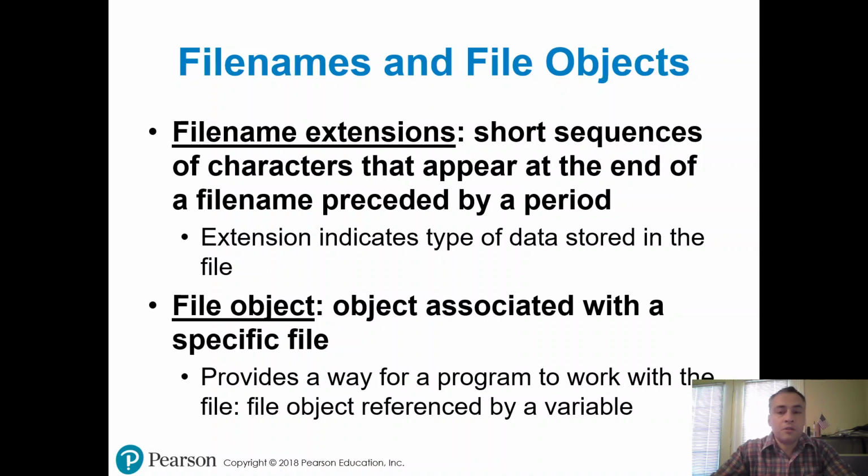To use the data from a file and to be able to open a file and interact with a file, you will need to create a file object. So file object will be our variable. We'll refer to it as a variable, and I will show shortly how to create file objects, and that is what you will need to close in the end of interacting with this file.